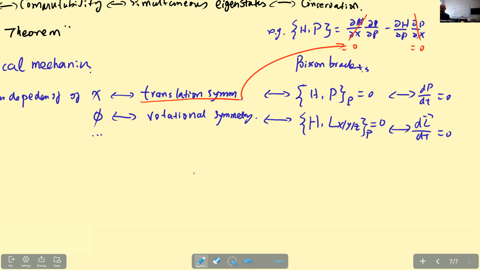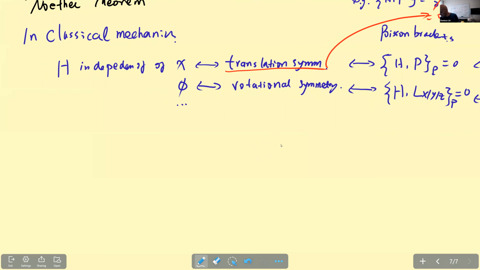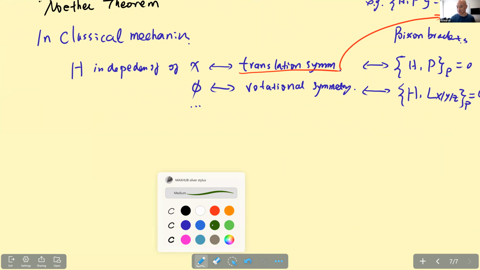So this is what we have in the classical system. And correspondingly, we have similar things in quantum mechanics.